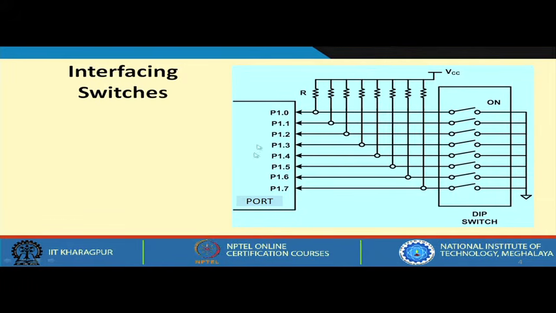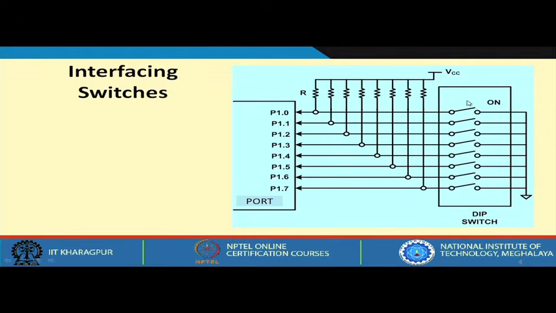This is an input port of the computer, and this switch can be regarded as an input device. So, whenever you press a switch, the state of the switch will come as input data. Now, you see here whenever you press a switch, because it is connected to ground, that line will definitely become 0.